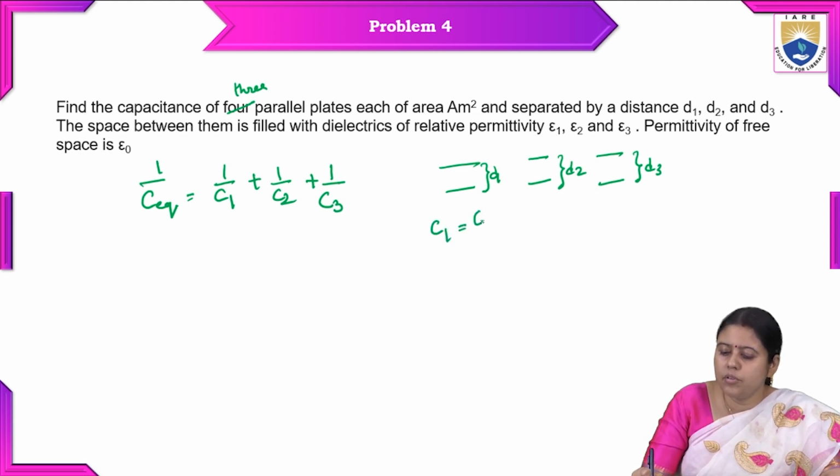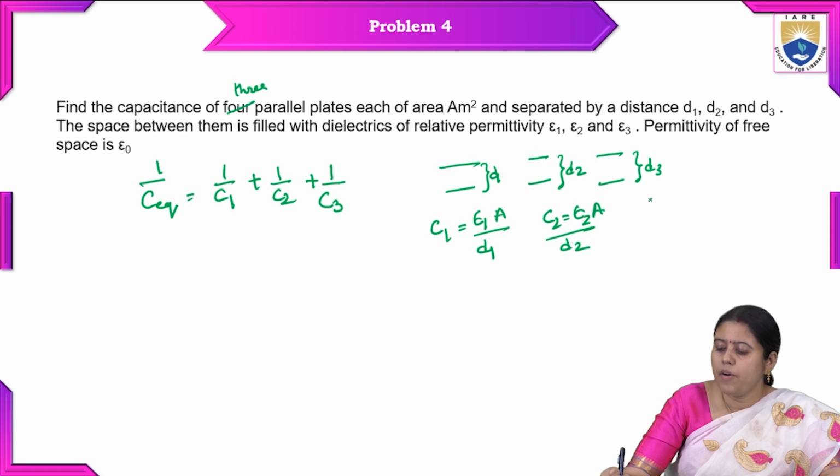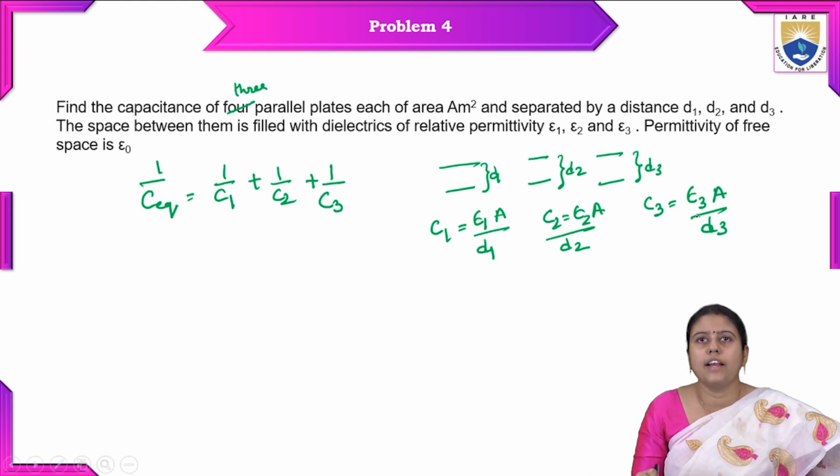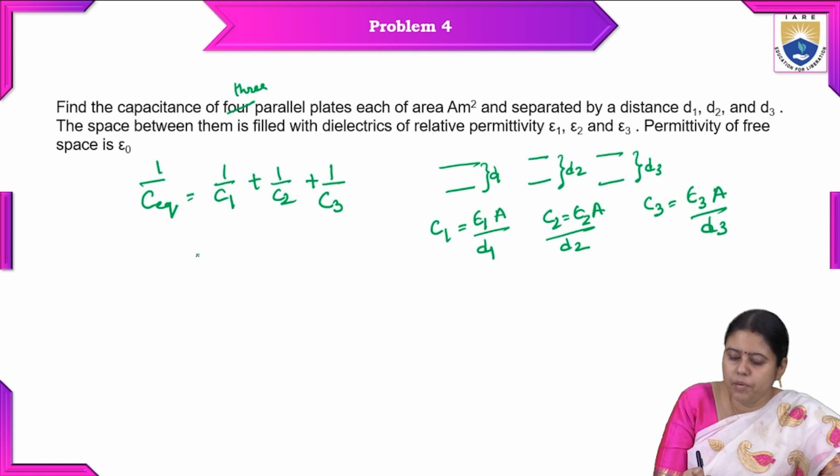C1 is equal to epsilon 1 A, because all have area A, by D1. What is C2? Epsilon 2 A by D2. What is C3? C3 is equal to epsilon 3 A by D3. So if we add these 3, we can get the C equivalent.